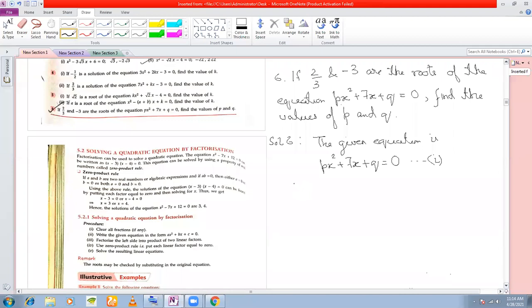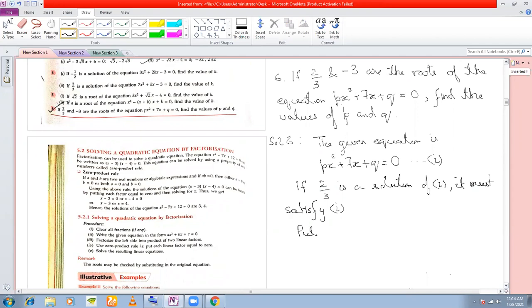So if 2 by 3 is a solution of 1, it must satisfy 1. Okay, so what you do is you put x is equal to 2 by 3.